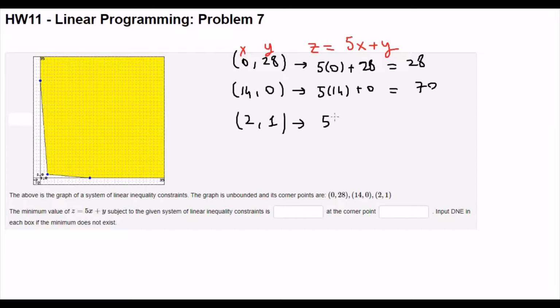And here 5 times 2 plus 1 is 11. Since we're looking for the minimum value, the lowest value here is 11 at this corner. So the minimum value is 11 at the corner of (2, 1).